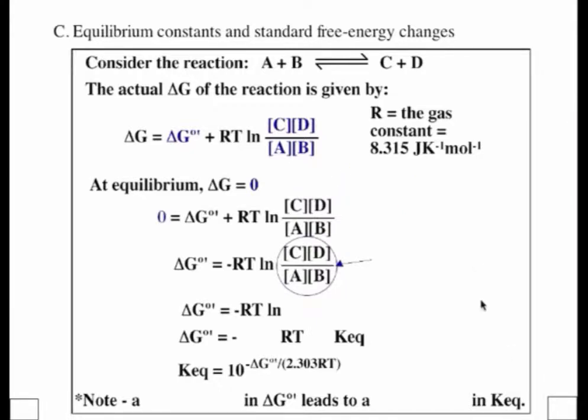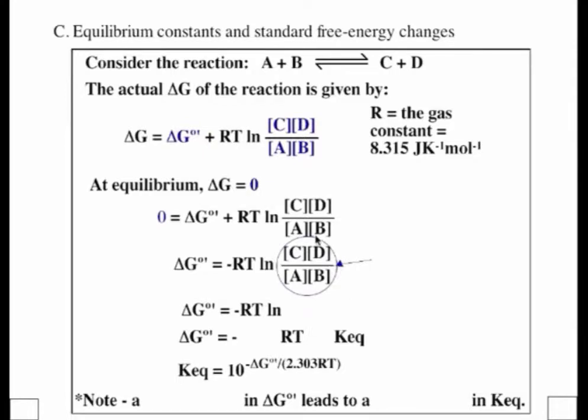So inserting a 0 there, we then get 0 equals delta G naught prime plus RT natural log of products over reactants, and we can just subtract delta G naught prime from both sides of the equation and get this equation: biological standard state free energy change is negative RT natural log of products over reactants.